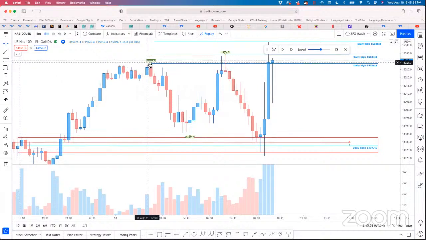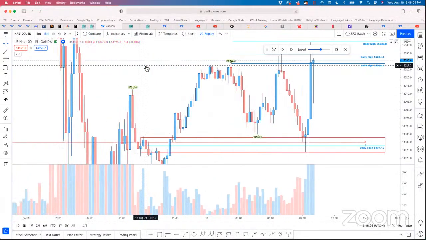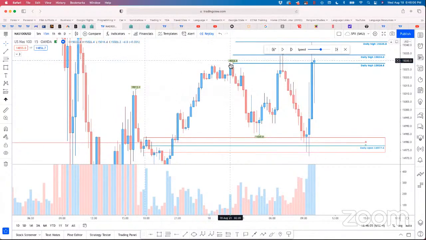We get introduced to a new group of traders for the day. So everybody that woke up in London in the morning said, you know what? This high is near this order block. This high is at a rejection. I like this technically to sell. So I'm going to sell right here, right?